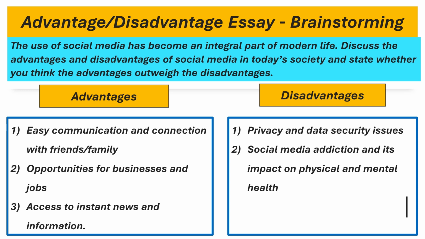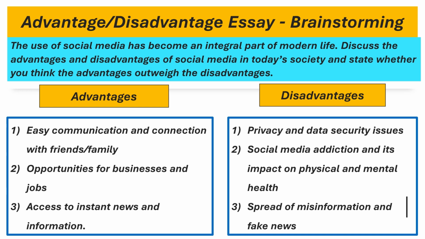We have seen that social media addiction has become a growing concern. Excessive use of social media can lead to anxiety and depression. It also reduces face-to-face communication. Lastly, spread of misinformation. False or misleading information can quickly go viral and can mislead people and influence public perception negatively.